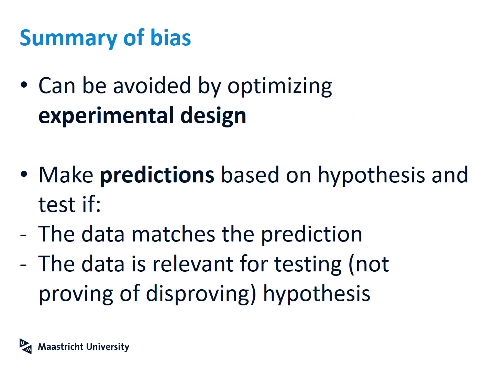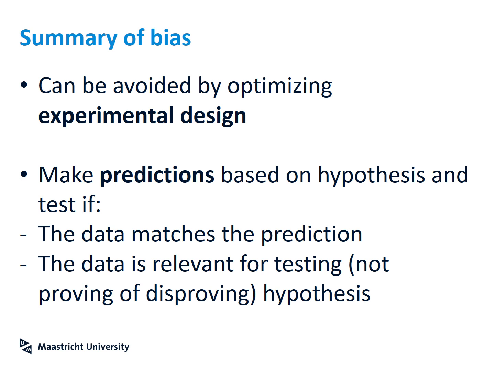Now, if we summarize bias, it's very much connected to optimizing your experimental design and also to implementing control samples. By optimizing experimental design, you can overcome or minimize bias as much as possible and try to overcome statistical errors.